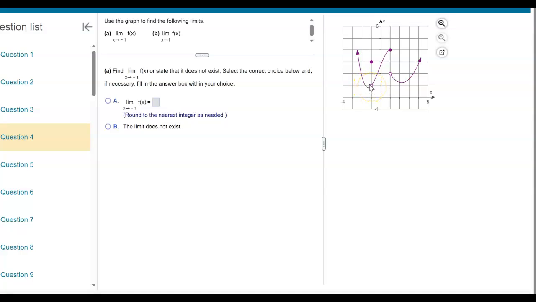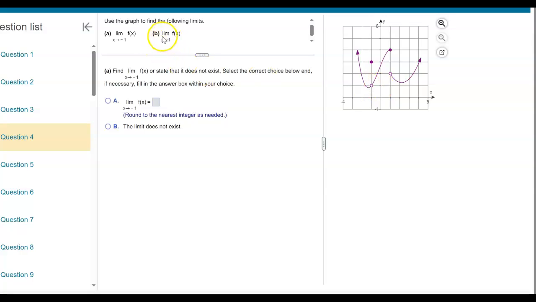So even if it's not defined at that point, as long as it is approaching the same point, we say that the limit exists. And what is the value? It is that y value here, that is y equals 1. So the limit of f of x as x approaches -1 is 1.